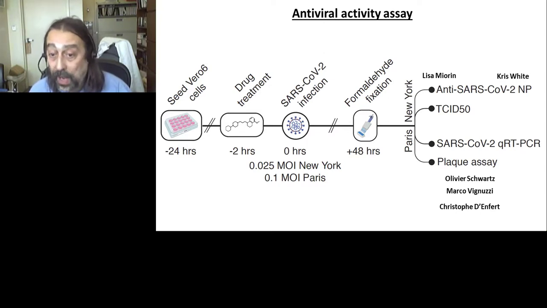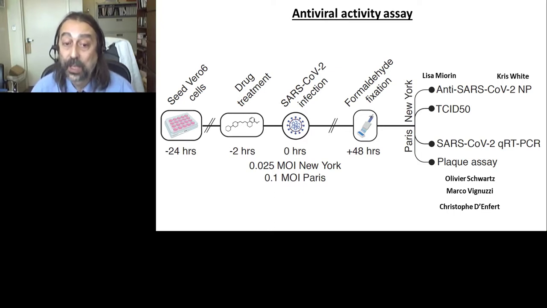Now, how do we look for viral replication? In our lab in New York, we use two assays. The first one is the rapid assay, in which we take the cells that have been fixed and stain with an antibody against one of the SARS proteins. If there is no inhibition of viral replication, approximately 80% of the cells have been infected after these 48 hours of contact between cells and virus.